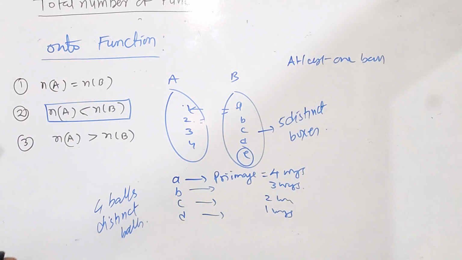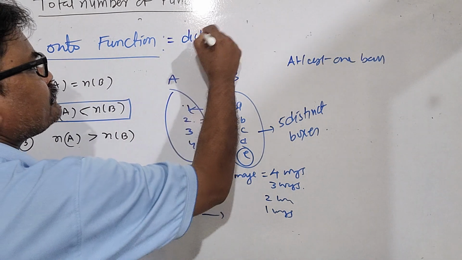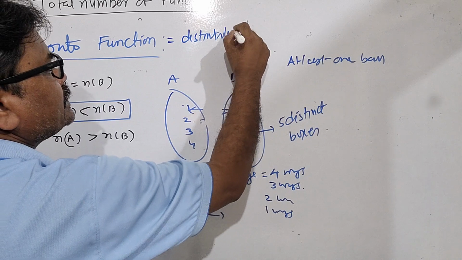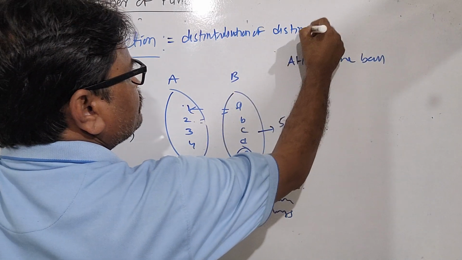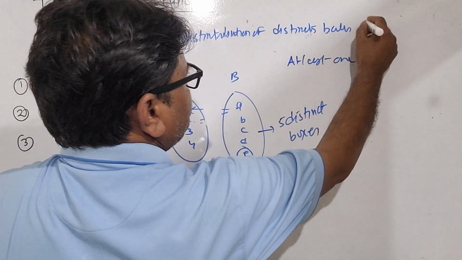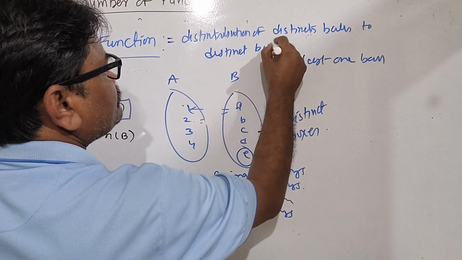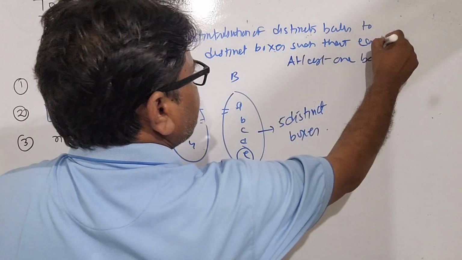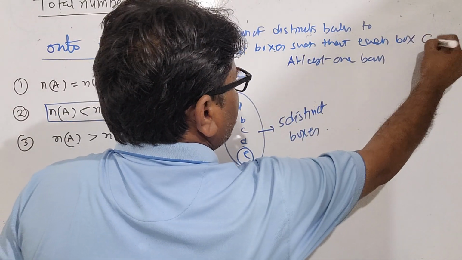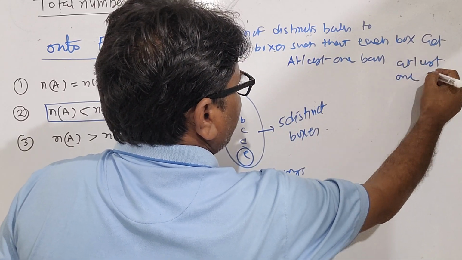But this is very equivalent to this concept. So the onto function is equivalent to the distribution of distinct balls to distinct boxes such that each box gets at least 1 ball.